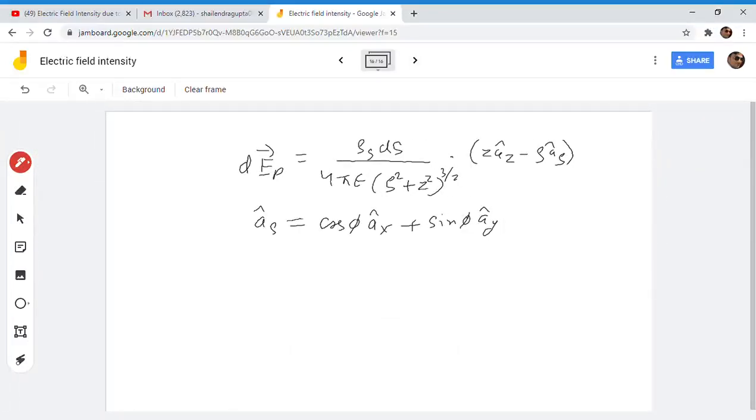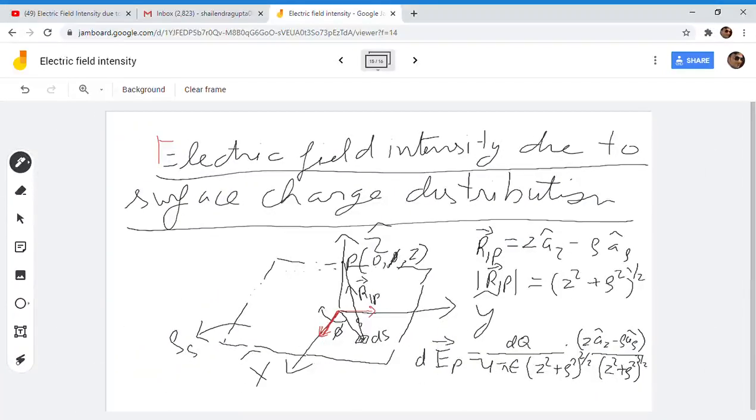If a rho is the unit vector in this direction, then we can just split it in ax and ay directions.